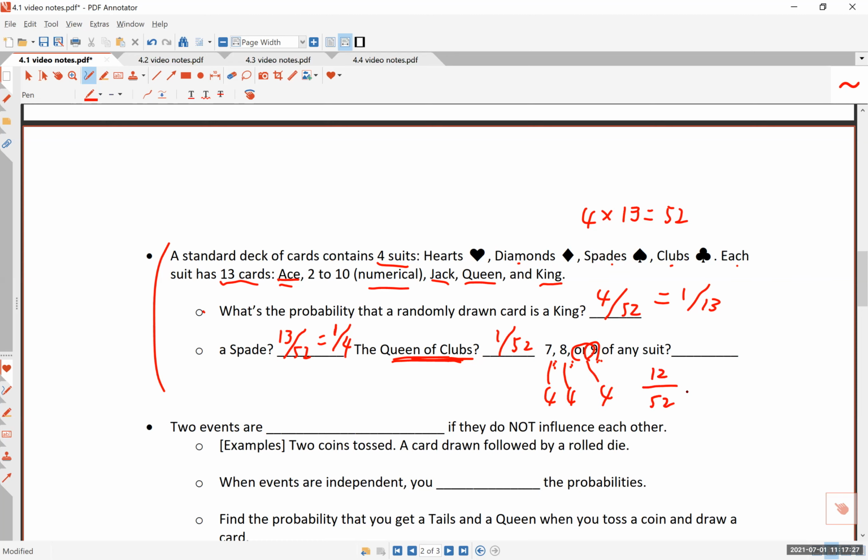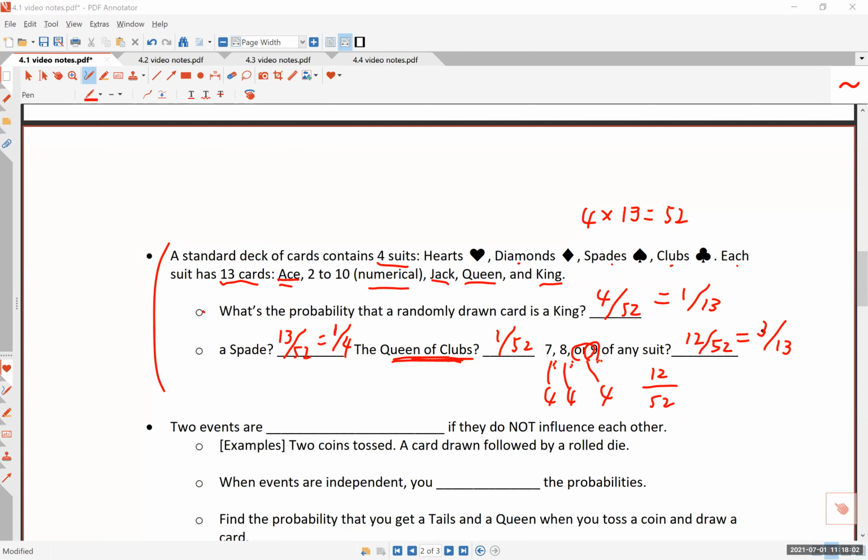And that happens to be 4 out of 13. Okay, actually, this is 3 out of 13. All right, so that's how you can do this. And you can see that the counting process is pretty significant when you solve probability questions.